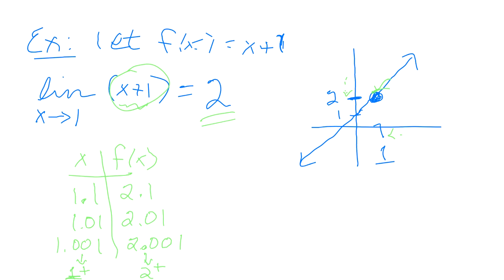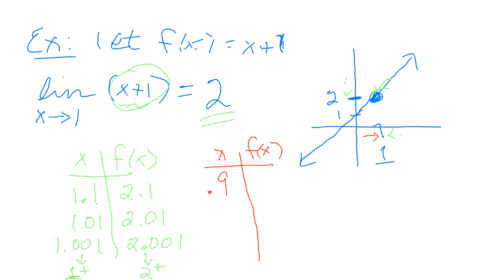So now let's go ahead and look at approaching from the left. I want to approach x equals 1 from the left. A number from the left would be like 9/10. So that's less than 1, but close to 1.